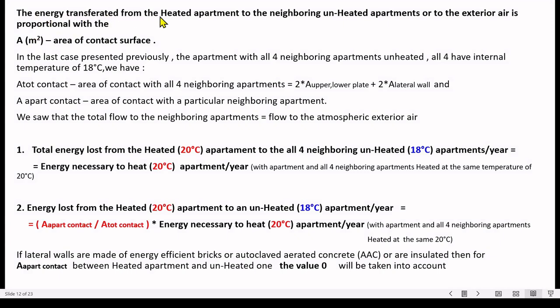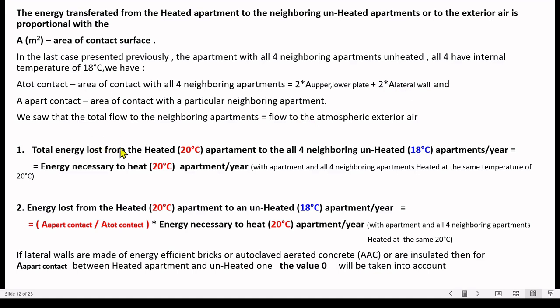The energy transfer from the heated apartment to the neighboring unheated apartment or to the exterior air is proportional to the area of the contact surface. The total contact surface for an apartment surrounded by four neighboring apartments is 2 times the area of the upper or lower plate plus 2 times all lateral walls.